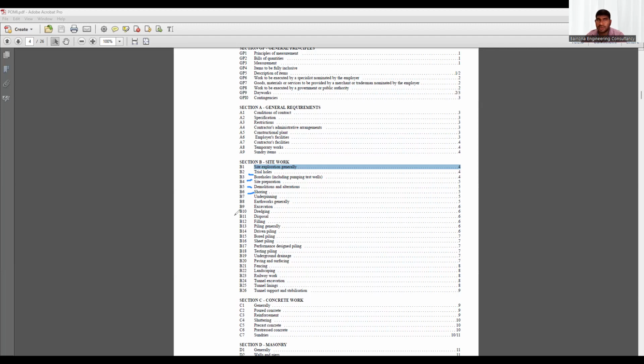Because it is a very important question anywhere you go. When you go to an interview, it is one of the questions: why do we need shoring and what is the purpose of shoring. What are the types of shoring available? Then why do we go for that kind of shoring?